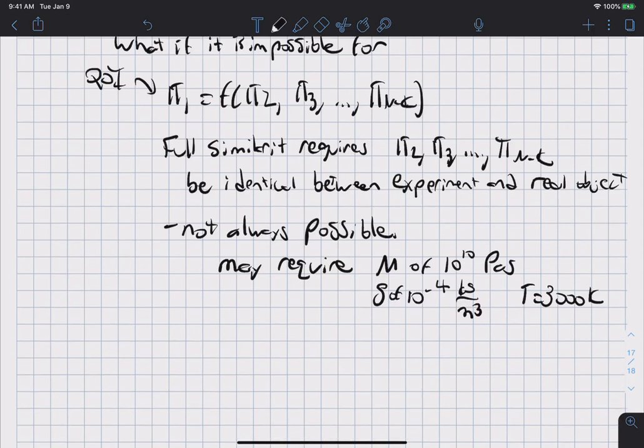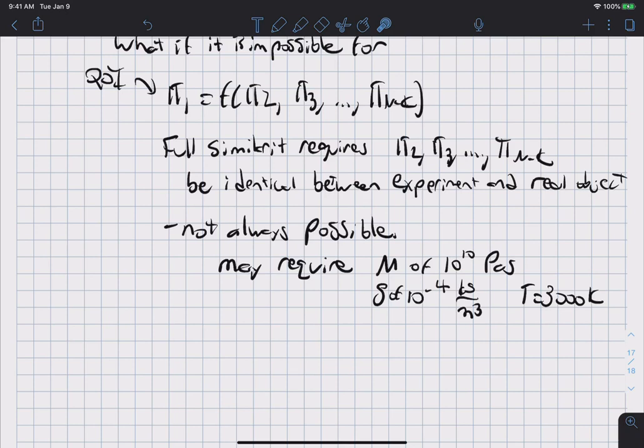To match the Reynolds number, if the Mach number determines the velocity, you can use the temperature to change the density of the incoming air, and maybe you need 3000 Kelvin. Well, that's not practical. You're probably going to start melting things.